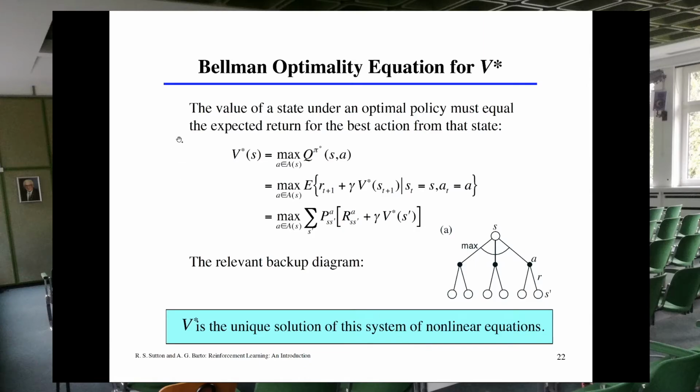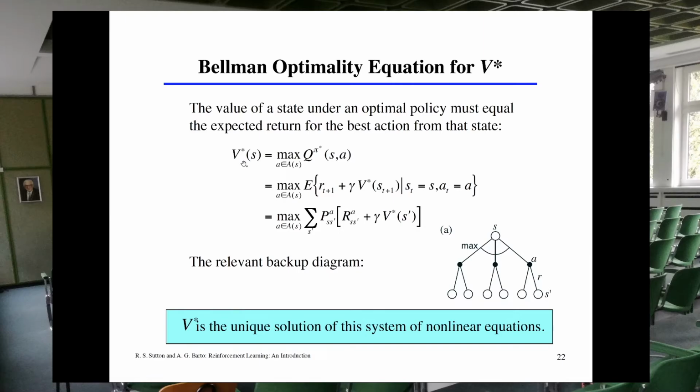So we can define the Bellman Optimality Equation for V star. The value of a state under an optimal policy must equal the expected return for the best action from that state.